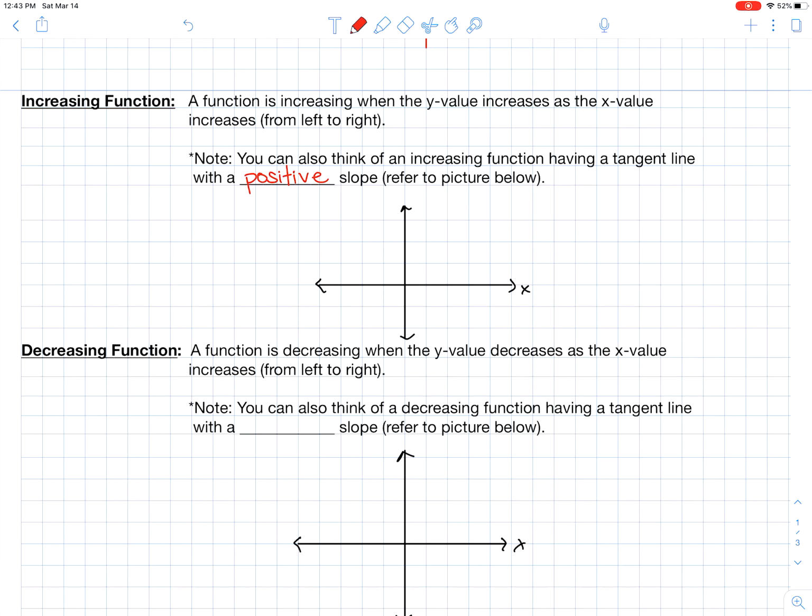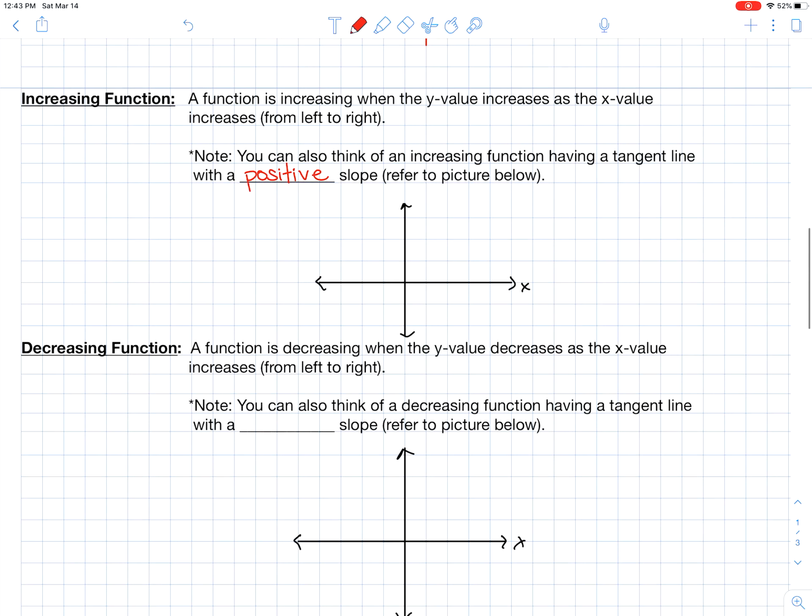And if a function is decreasing, then the slope is negative. And just a picture. There's my positive slope. There's my negative slope. So this function is always increasing and this function is always decreasing.